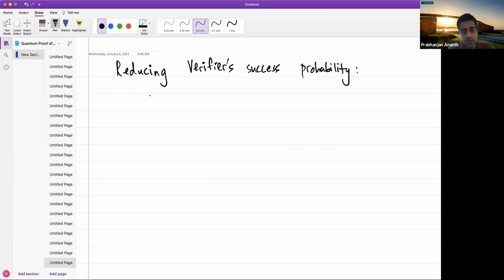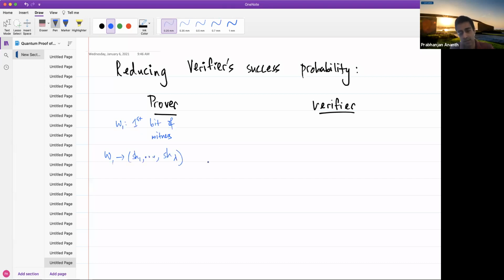Okay. So what do we do? The prover has W1, which is the first bit of the witness. He's going to additively secret share W1 into shares SH1 through SH lambda, where lambda is a security parameter. And then he's going to run the protocol.